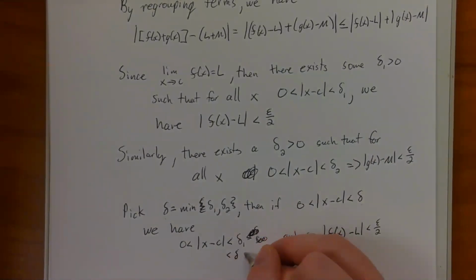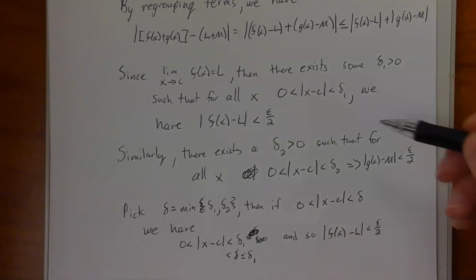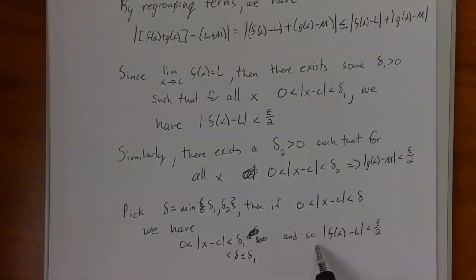Since this range is less than delta, which is equal or less than delta 1, since we picked delta to be the minimum, then certainly all of these x values here are less than delta 1. And so by the above statement, this is true.